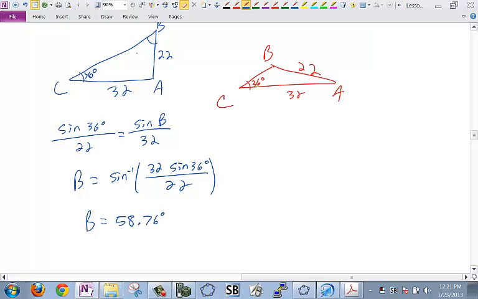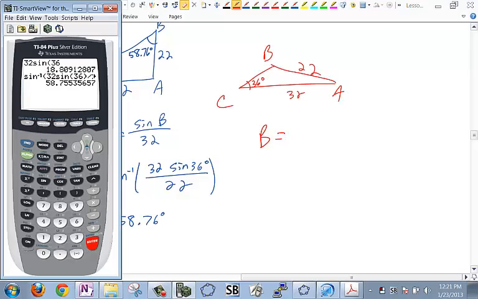Okay, so this angle right here, 58.76 degrees. So now, how do I find the red angle B? I say 180 minus that, and I get 121.24.